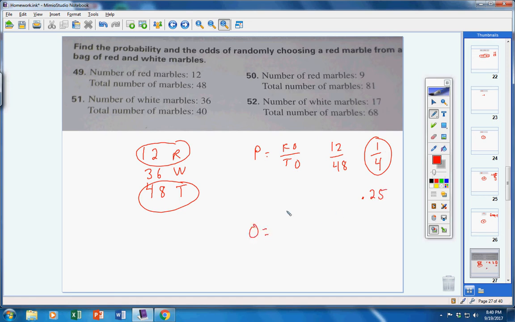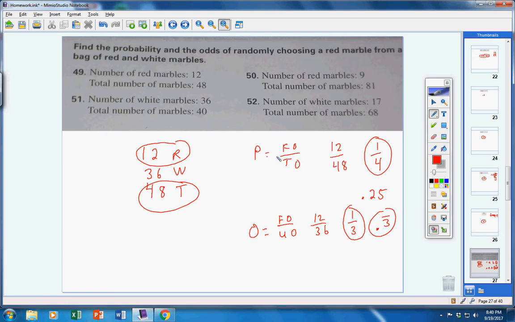Now odds equals favorable outcomes over unfavorable outcomes. So my favorable outcome is red. That's 12. My unfavorable outcomes would be white. That's 36. Reduce that, you get 1/3, or you can put 0.3.